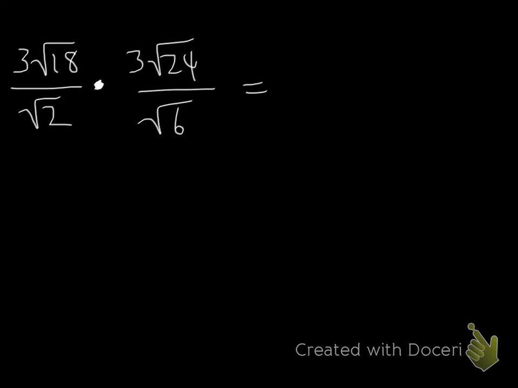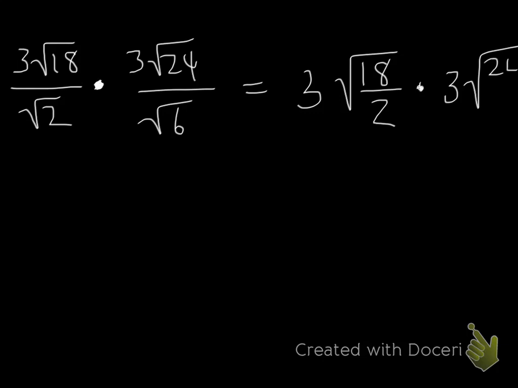So when you go to solve a problem like this, you can see clearly that the first term will become a 9 underneath the radical, and the second term will be a 4 underneath the radical.